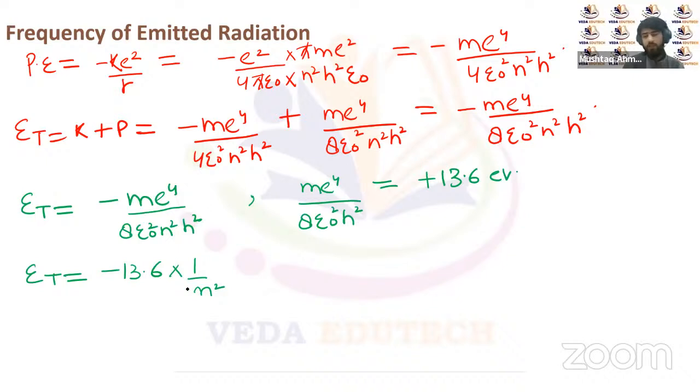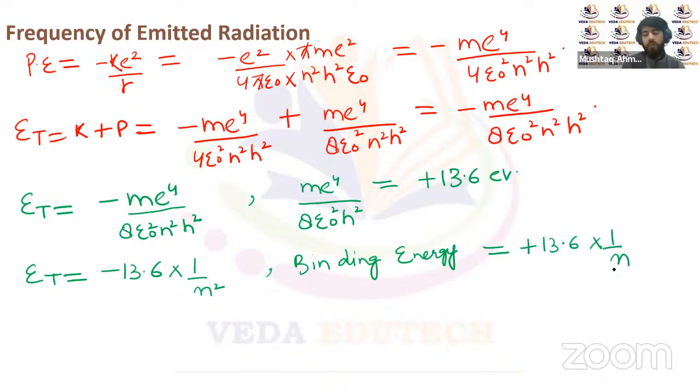So in order to unbind this electron from this atom, we have to supply at least this much minimum energy. That's what we call binding energy. So binding energy will be equal to plus 13.6 multiplied by 1 upon n square.